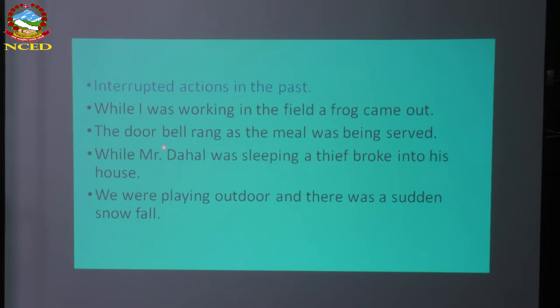What interrupted? Doorbell. The action of serving the meal is interrupted. While Mr. Dahal was sleeping, a thief broke into his house. So Mr. Dahal was sleeping and this action is interrupted by the thief. Next, we were playing outdoor and there was a sudden snowfall. So playing is interrupted by snowfall.